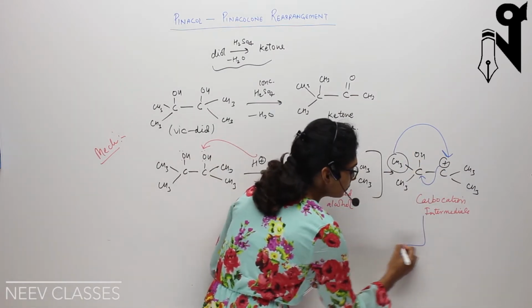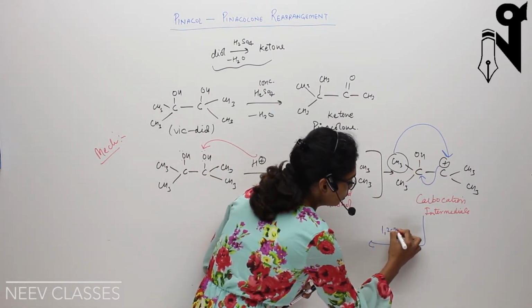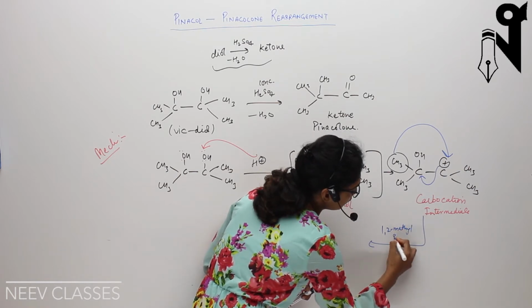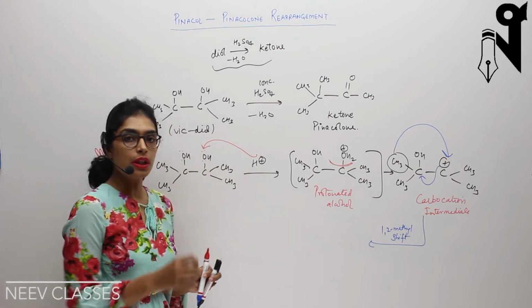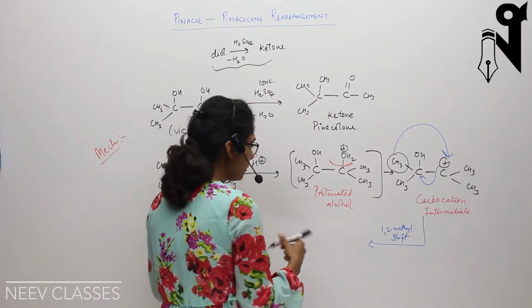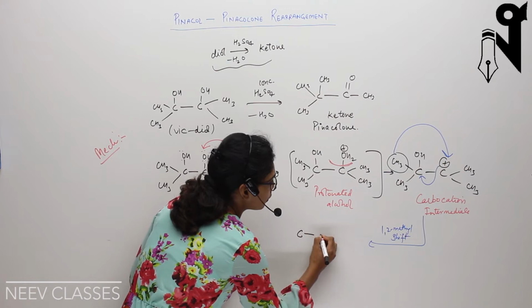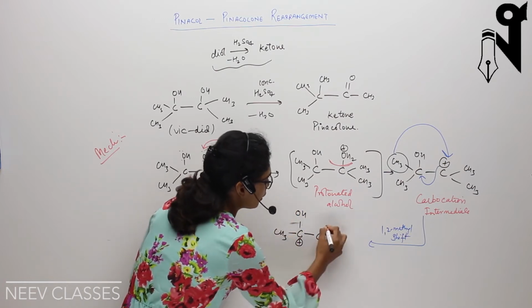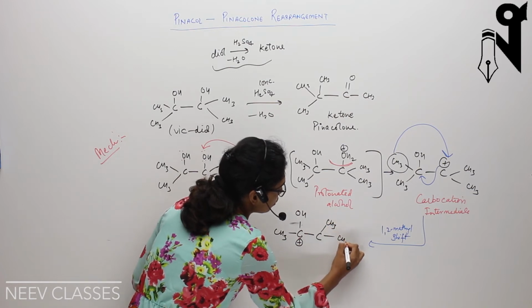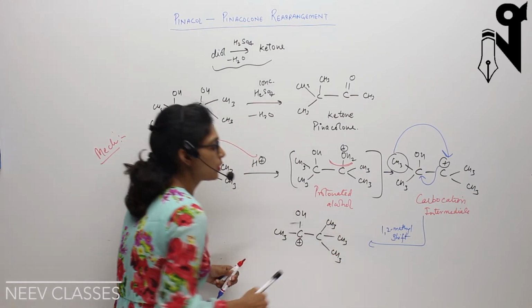So what will happen? A 1,2 methyl shift will take place to give plus M stability to our carbocation, and this will become OH plus, CH3, CH3, CH3, CH3. So this will be my structure.